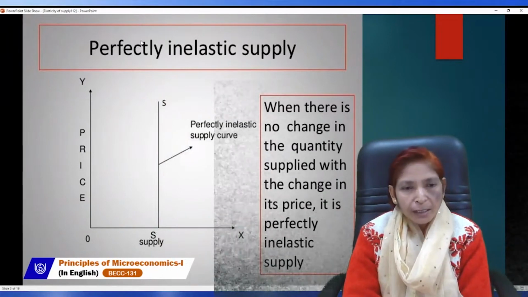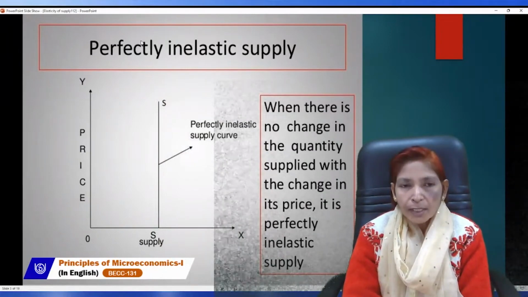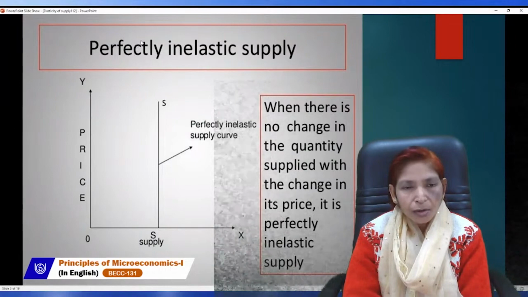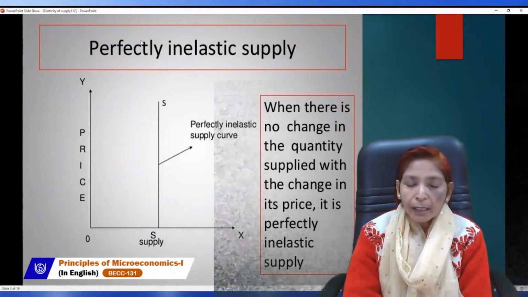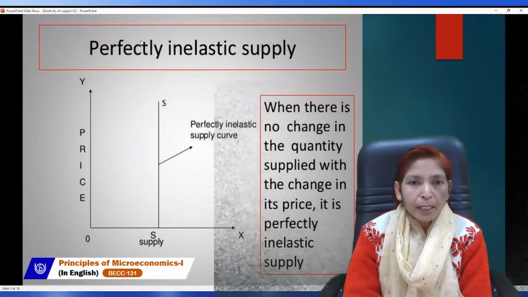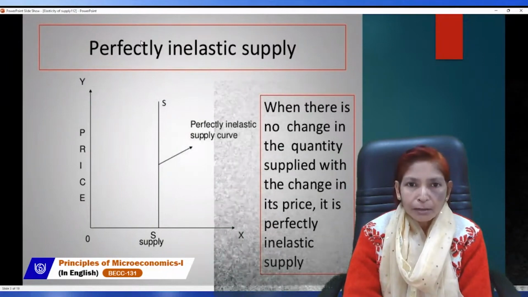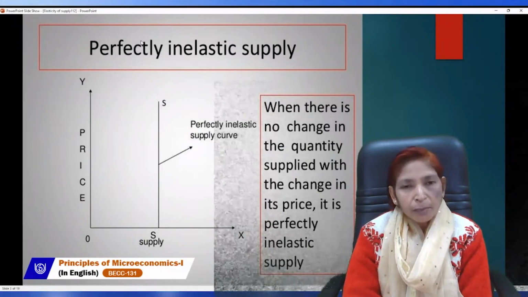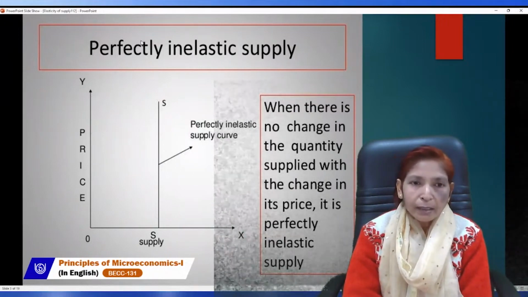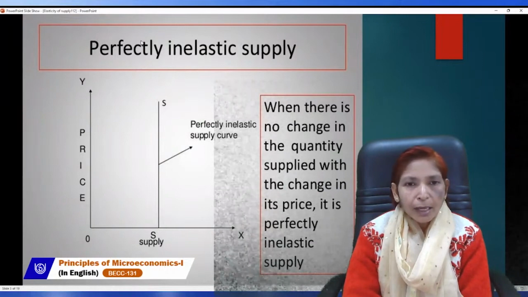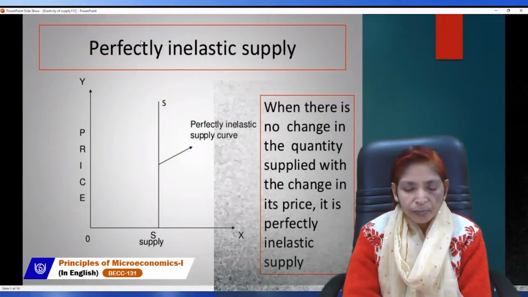Perfectly inelastic supply always exists in case of agricultural products, because agricultural supply depends upon nature, and nature may or may not be favorable. As you know, agriculture is called the gamble of monsoon.